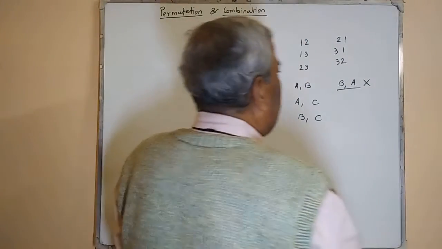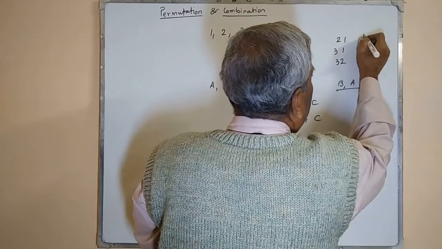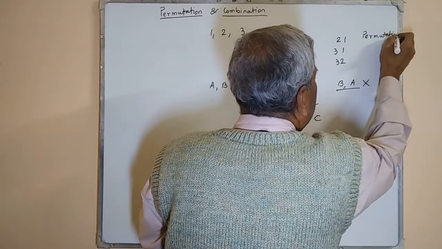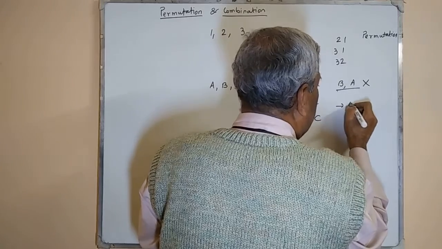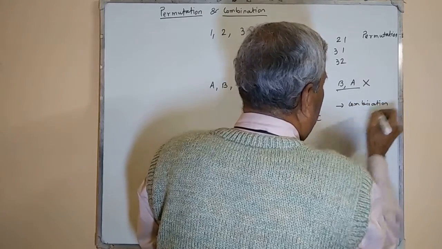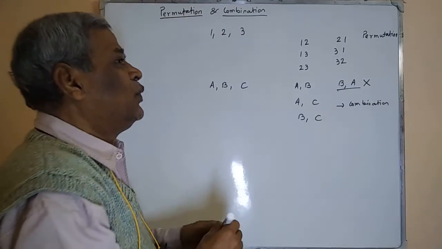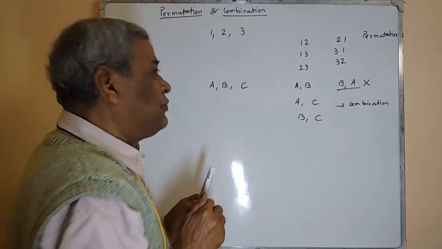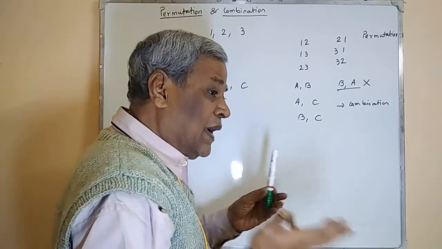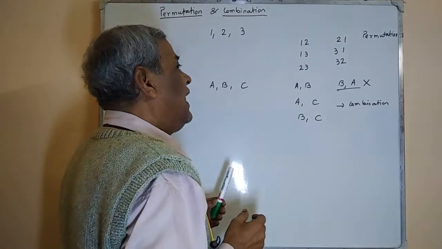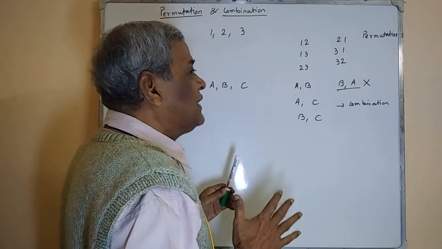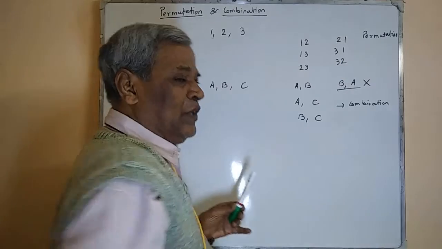This is a case of permutation and the second one is a case of combination. Formation of number like this, formation of word, thirdly, seating arrangement, all must be problems of permutation.